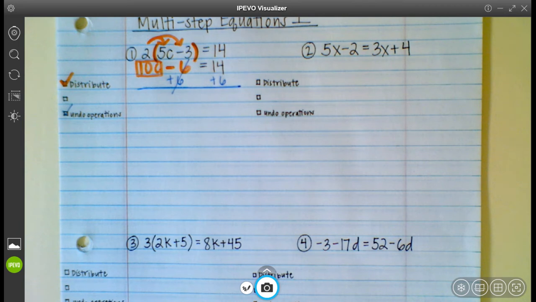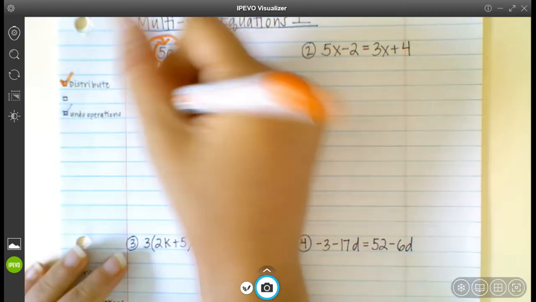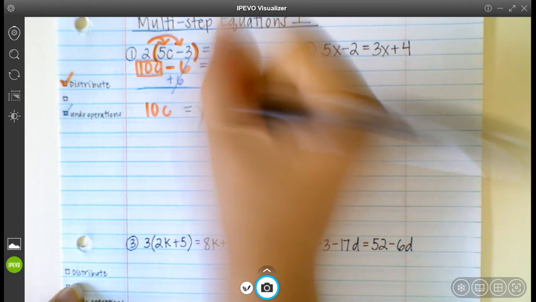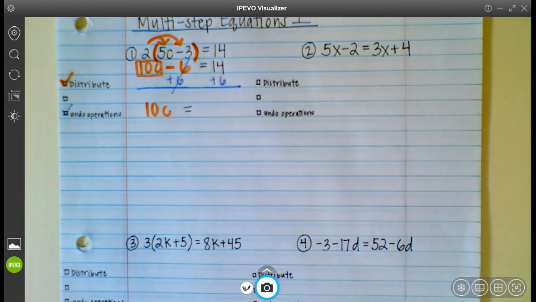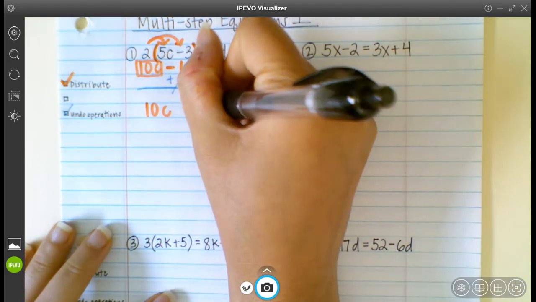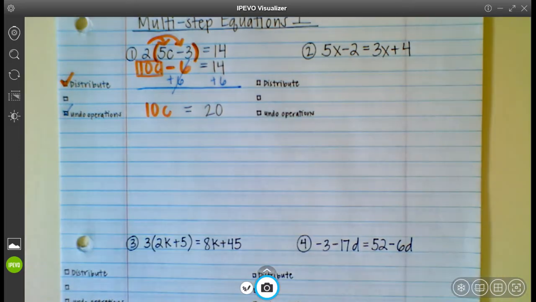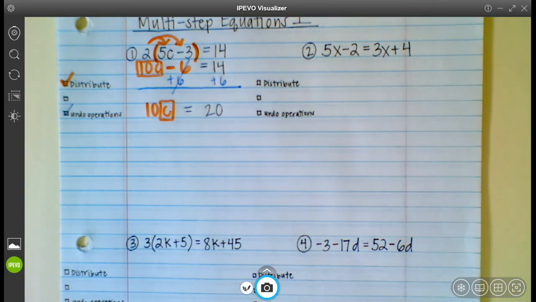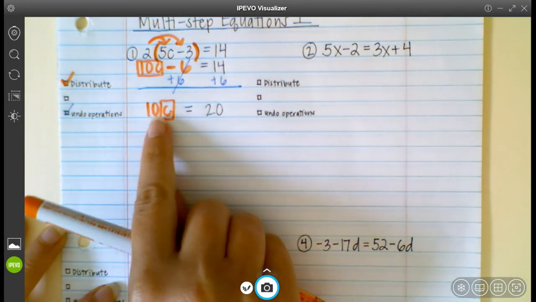And then we can combine our pieces here. So we have our 10c, and we have our equal to 14 plus 6, in fact, gives us 20. To finish solving for c, notice c is side by side with 10, which means there's no operation in between.